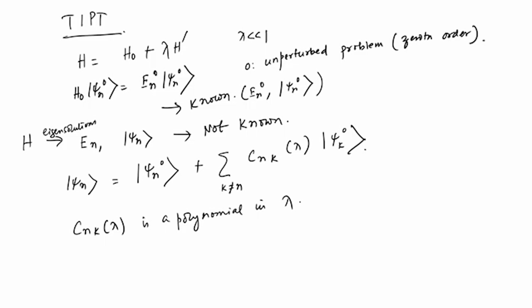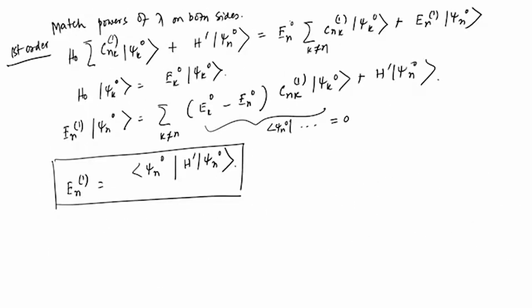You cannot solve the problem for H, that is, you can't find the eigenfunctions and the eigenvalues for H, but you can treat the problem perturbatively and arrive at a solution for the first order correction in energy, which is given by psi n 0, H prime psi n 0. So, the matrix elements of H prime have to be calculated within the eigenstates of the unperturbed problem, and that is going to give you the first order correction to energy.